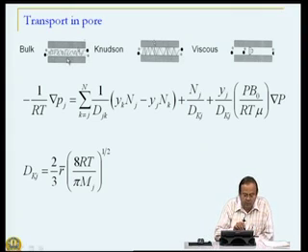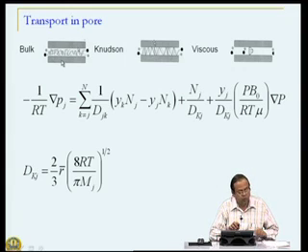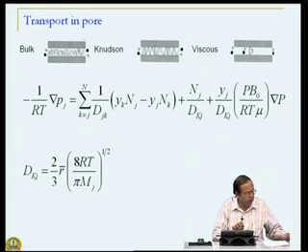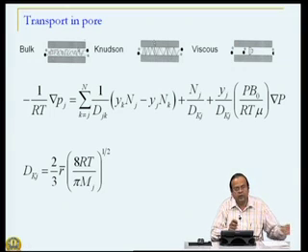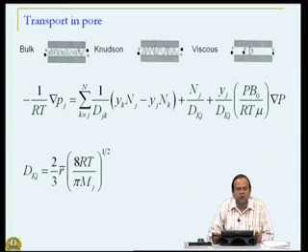So, for example, the first one that you see over here is a case of bulk diffusion, and this is a common phenomenon. If we look at the bulk, it is the same whether it's flowing in a reactor or flowing in a pore.